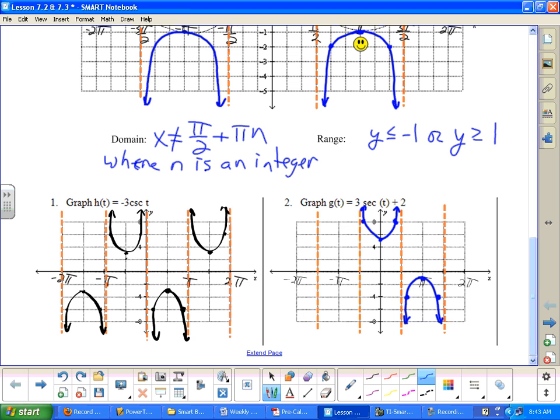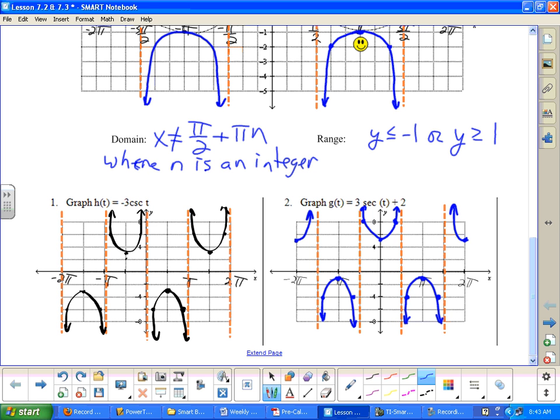And then we go ahead and finish it from there. So the big thing is using your y values from your original graph and multiplying them and doing any adding you need to.